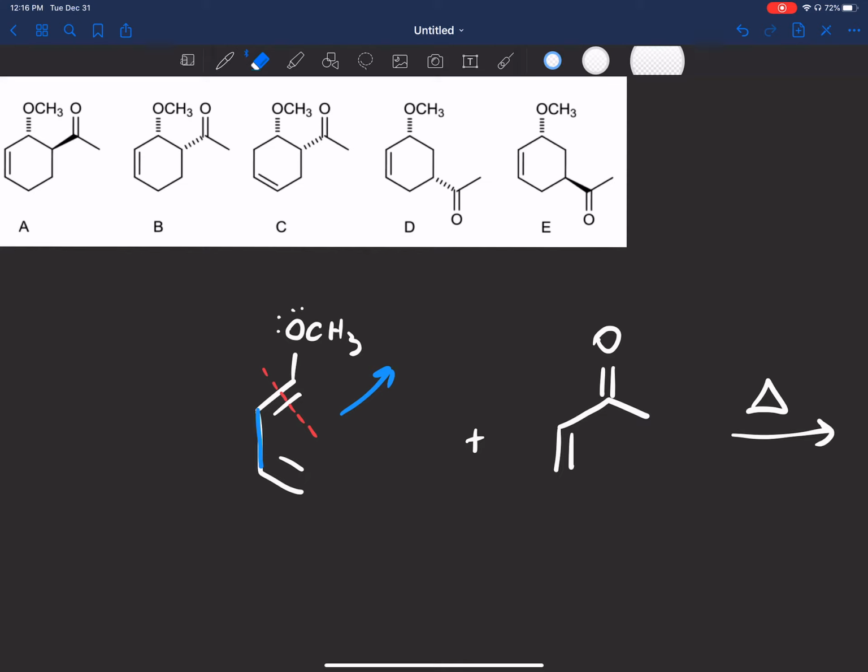It's this OCH3. And the highest priority on this end of the double bond is pointing downward. They're opposite from each other. That's why we call it trans. All right? So that's the trans substituent.